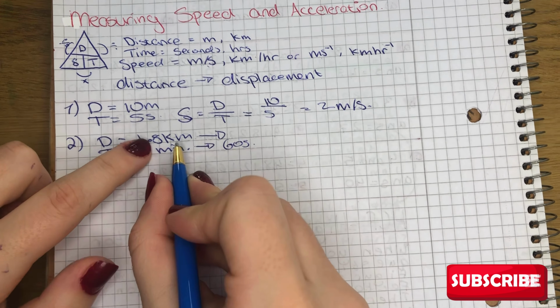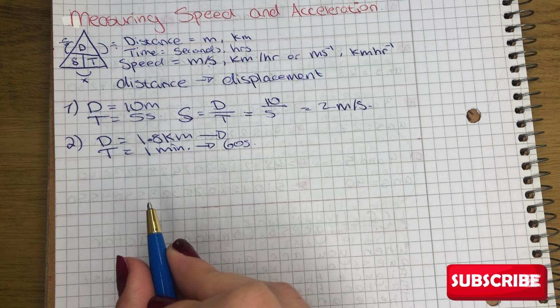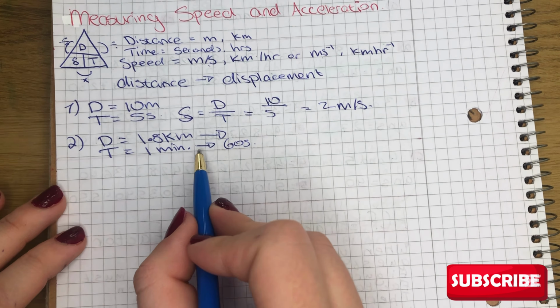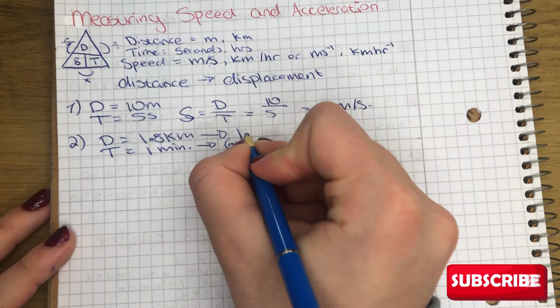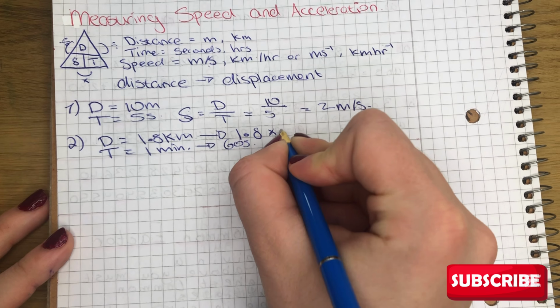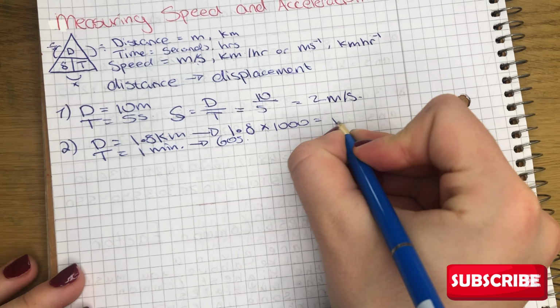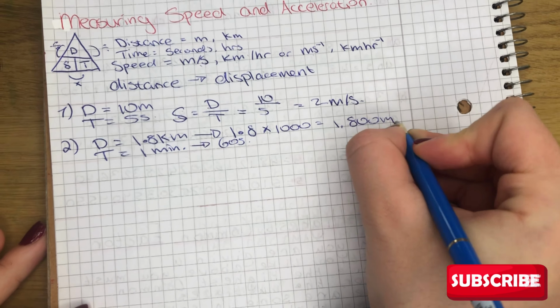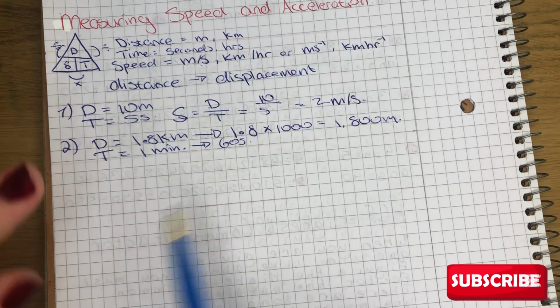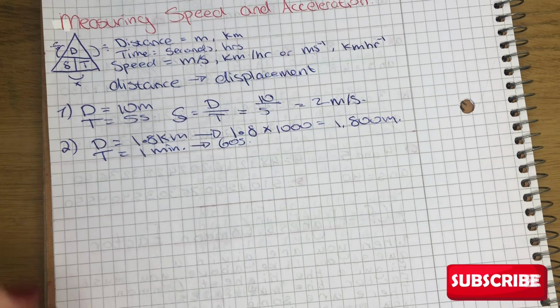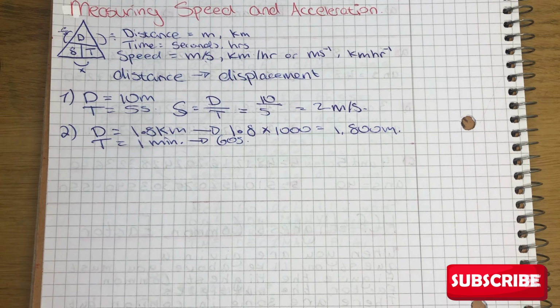So to convert kilometers into meters, you would have to multiply this by 1,000. So 1.8 multiplied by 1,000 is going to equal 1,800 meters. So now we're given the distance in meters and the time in seconds. So we know that the units match.